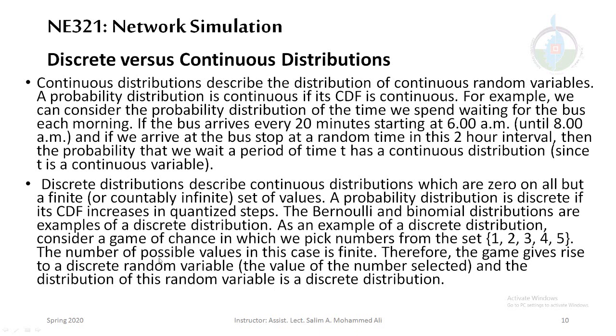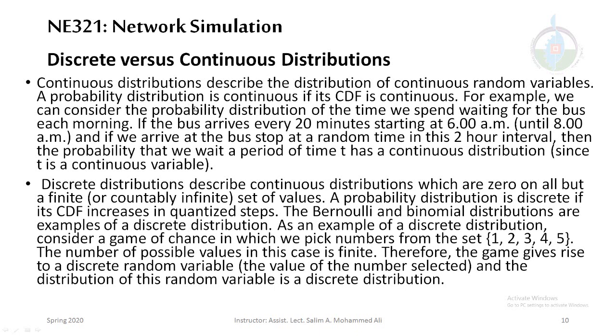The number of possible values in this case is finite. Because if you draw any of the numbers, it is finite, since it's either 1, 2, 3, 4, or 5. Therefore, the game gives rise to a discrete random variable. The value of the number selected and the distribution of this random variable is a discrete distribution.